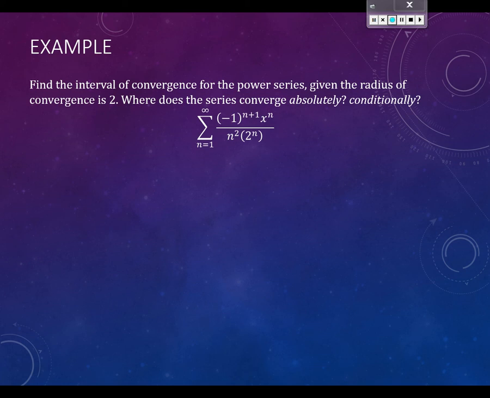With terms that decrease in absolute value to 0. You see the limit? I need them to be going towards 0. I need them to be decreasing in absolute value, and I need it to be an alternating series. This converges.